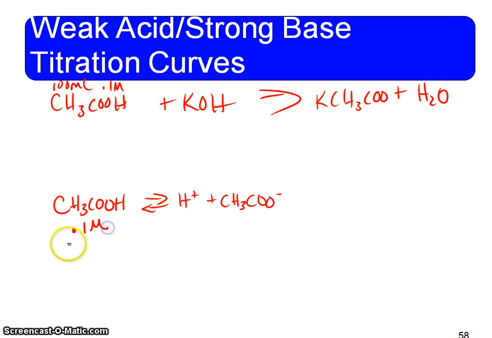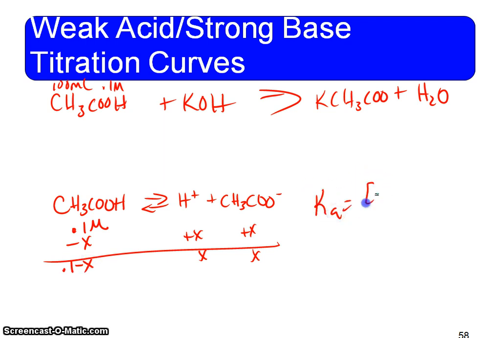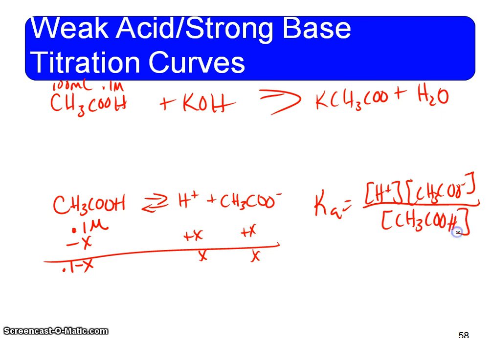If I have 0.1 molar of this, how much breaks apart? X. I make X, X. You know this, you've done this. 0.1 minus X. I write my Ka expression, H plus times CH3COO minus over CH3COOH.